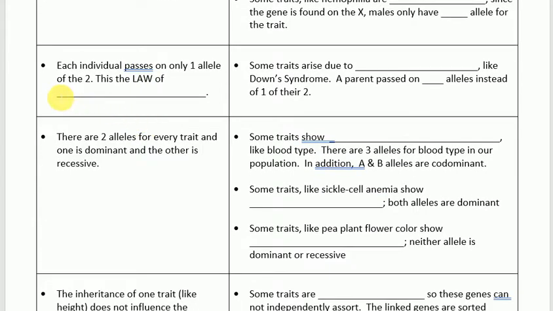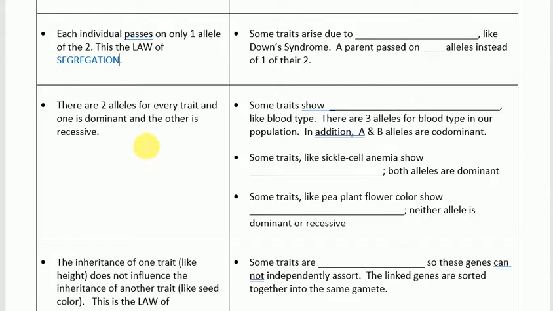Each individual passes on only 1 allele of the 2. This is referred to as the law of segregation.